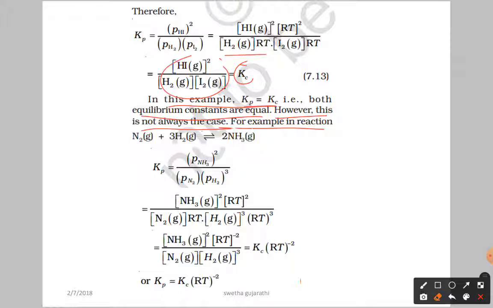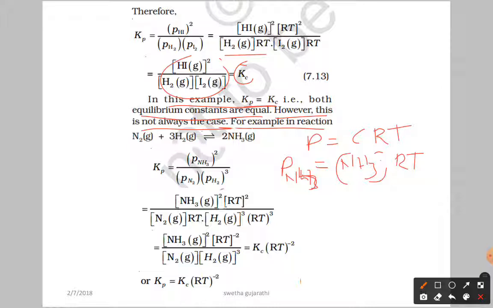Now if you substitute, as we already discussed, the partial pressure of ammonia is the molar concentration of ammonia into RT, because the equation is partial pressure equal to CRT, molar concentration into RT.